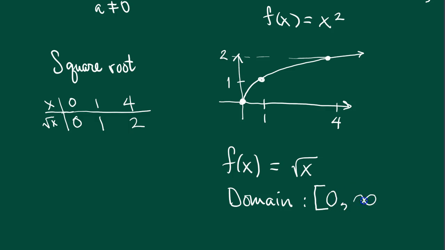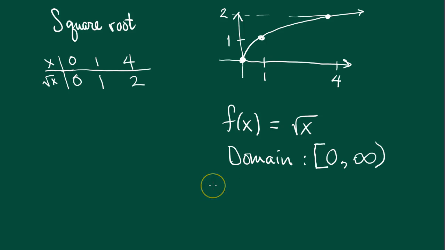This is a fact overlooked by many people. They think the domain is just positive numbers. No, 0 is also included in the domain because 0 times 0 is 0, so the square root of 0 is 0. The range is the same as the domain. All non-negative numbers.